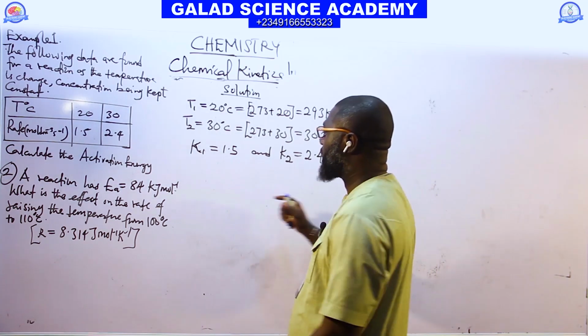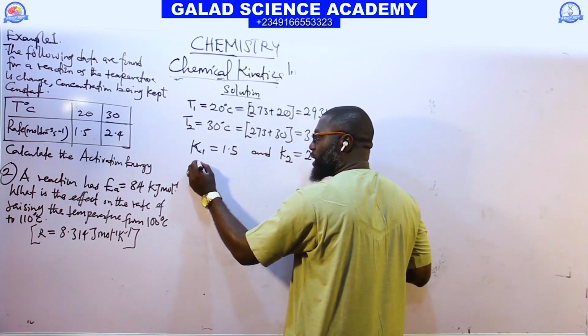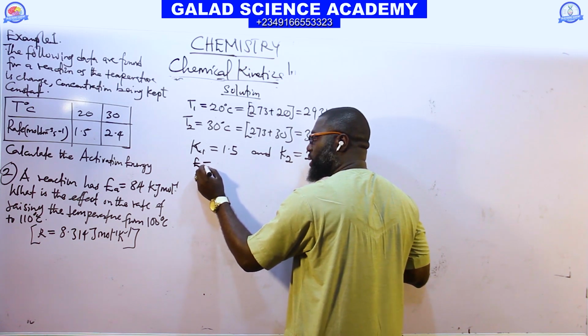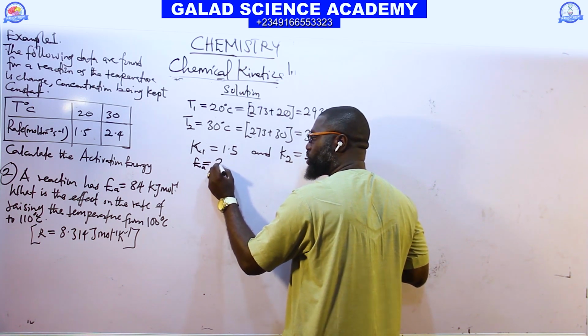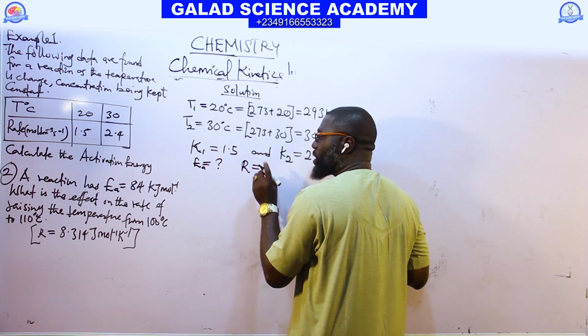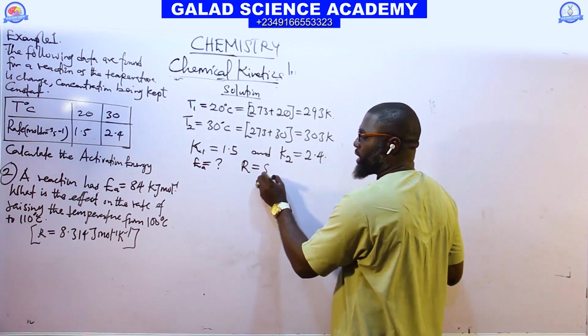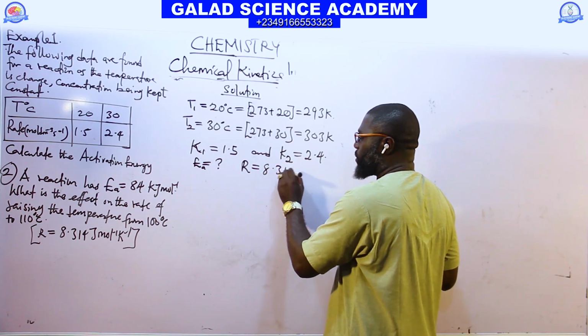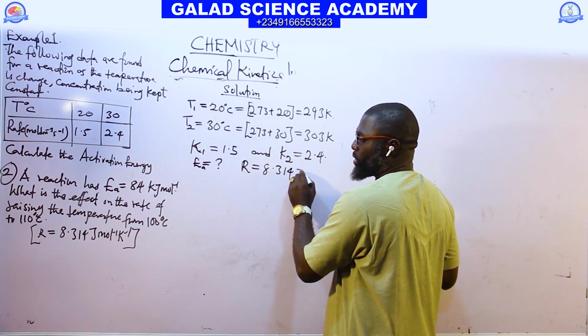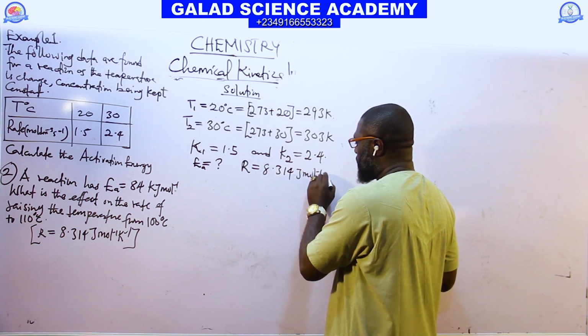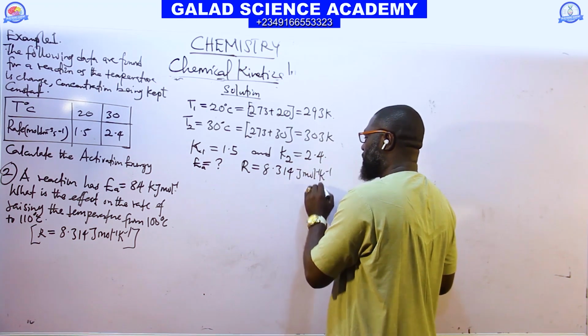We are asked to find the activation energy, which is unknown. Note, this R is constant too. We are given here as 8.314 joule per mole per Kelvin.